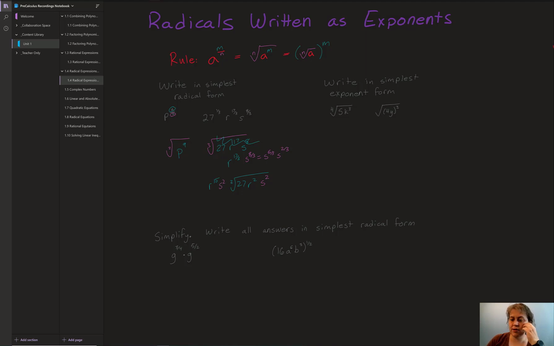And the 27 to the 1/3 power, that's actually one of my perfect cubes, so I can pull that one out. That becomes 3 r to the 15 s squared cube root r squared s squared. And just kind of to show the r all the way out, I know I'm kind of like talking in circles, sorry.